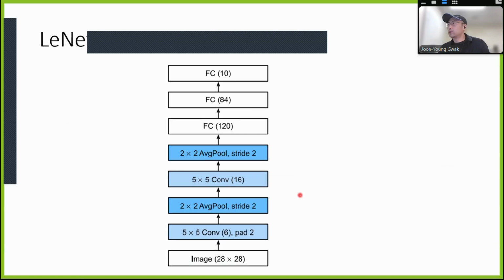So it's just a modularized representation. We can see that in the beginning it's applied with a 5 by 5 convolutional layer with a padding of 2, and all the concepts that we learned are being applied here. So the takeaway is just that this is a block representation of the LeNet.